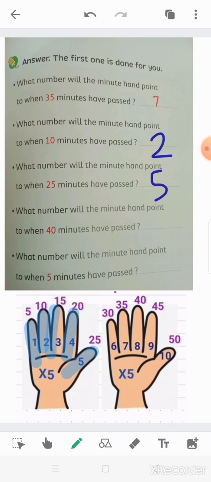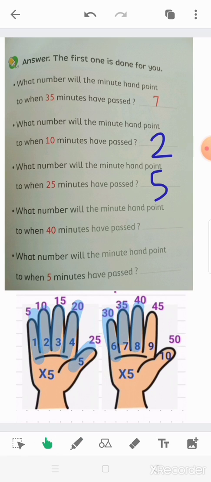Okay. What number will the minute hand point to when 40 minutes have passed? Let's sing the song until we reach 40. 5, 10, 15, 20, 25, 30, 35, 40, stop. How many fingers have we got? I've got 8.